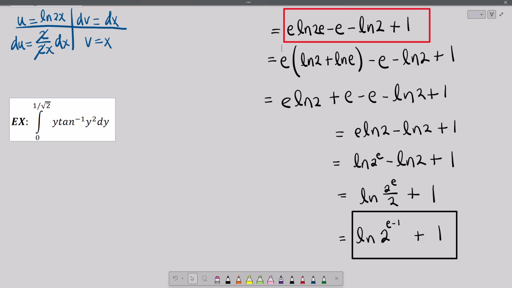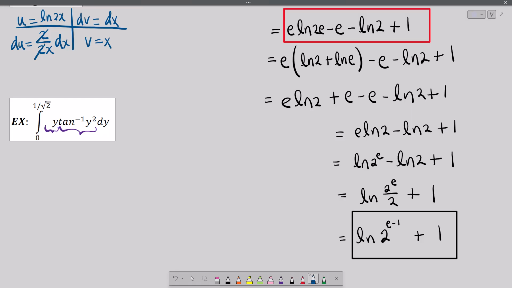So, log properties. Okay, let's try another one here. This one is a product, so this is sort of classic integration by parts. We see two functions. Inverse tangent is a function that we do not know how to integrate yet. We know how to differentiate it, but we don't know how to integrate it.